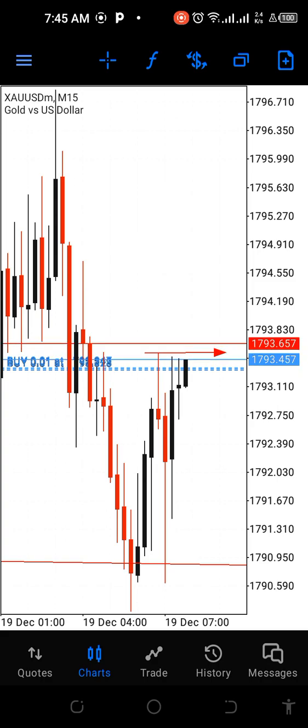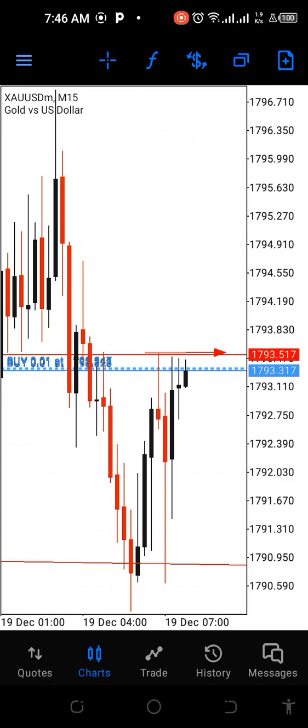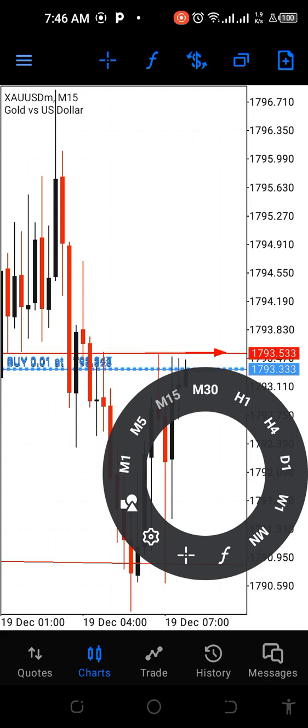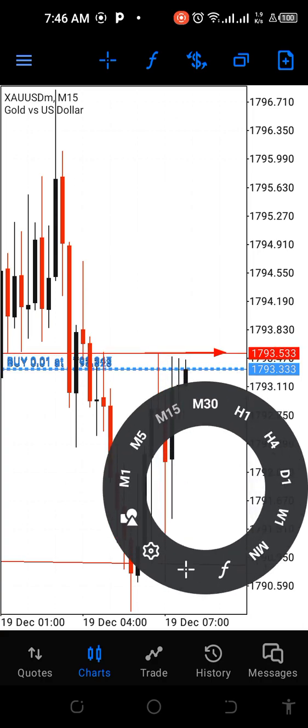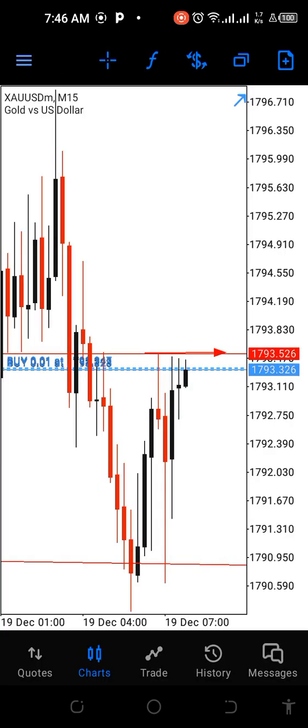You can see price is moving to the upside, so it is rejecting up there again. We just want price to break that particular level and close above it with a candlestick. If the candlestick closes above it, we'll get the massive push to the upside.